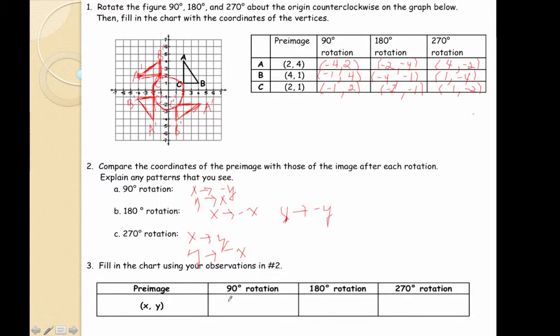So if we started with x, y, a 90-degree rotation would end up with negative y, x. 180 degrees would have negative x, negative y. Just change their sign. And 270, and remember this is counterclockwise, we go to y, negative x.